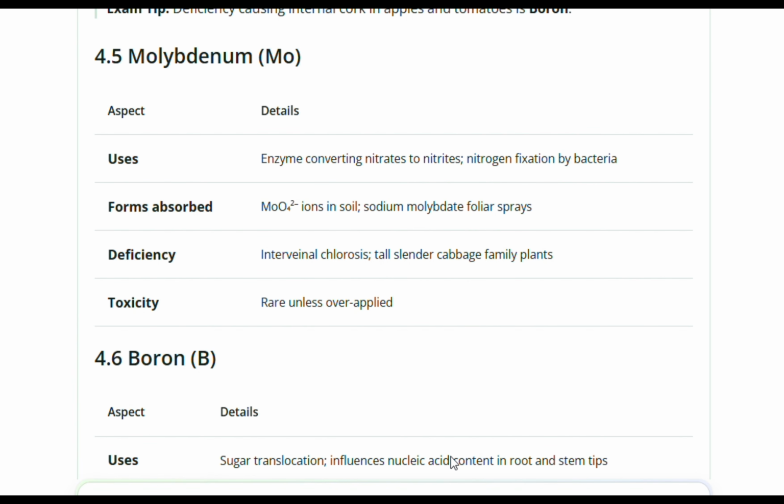Let's move on. Toxicity is rare unless over applied. So if there is excessive molybdenum spray, then that can result in toxicity, right? All else equal, it is rare unless over applied.